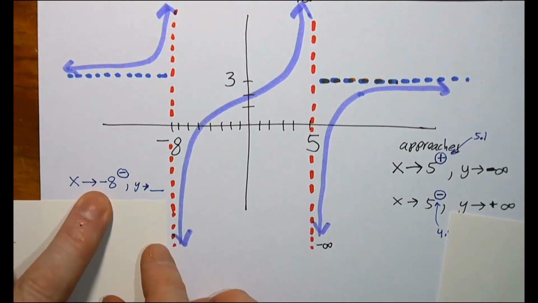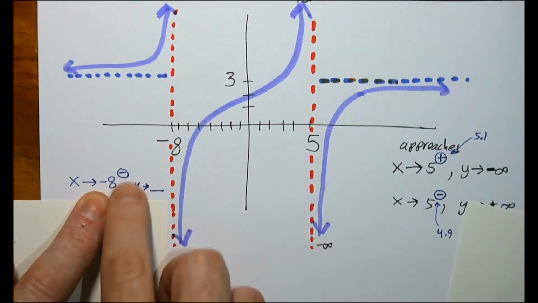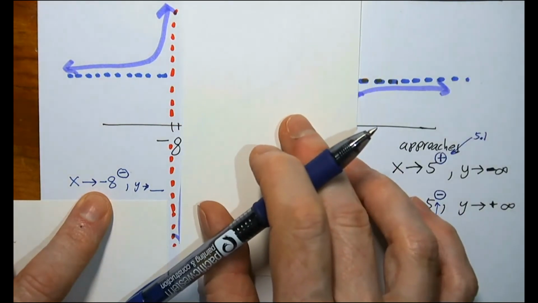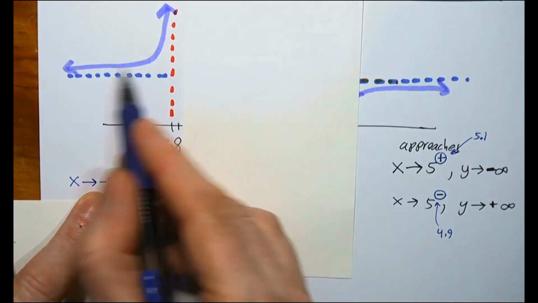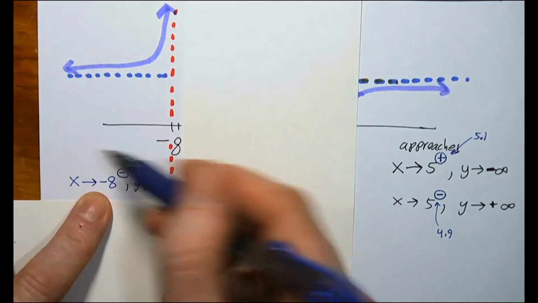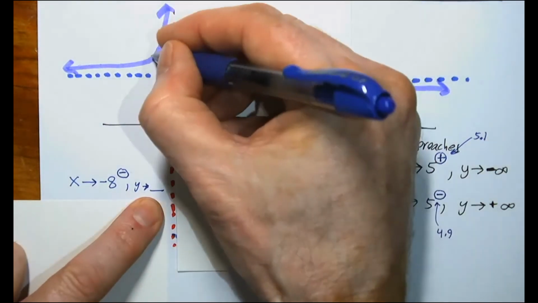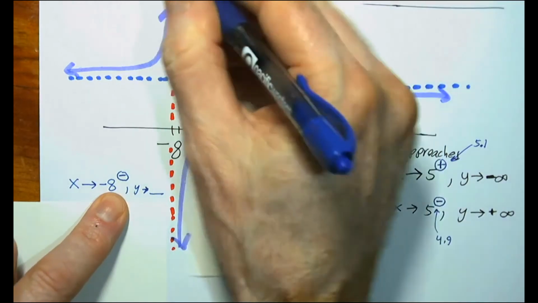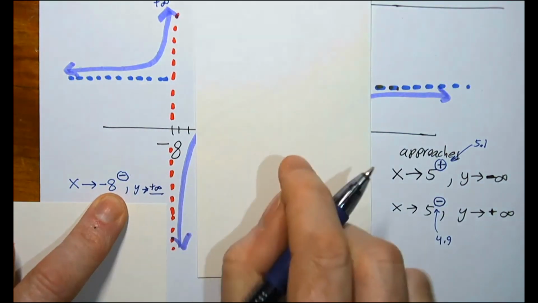Let's get near -8. Here's -8. Find the kids that are a little less than -8, over here. Where are they headed? What y answer are they headed to? Well, as they get really, really close, they're going off the top of my paper, aren't they? They're headed to positive infinity.